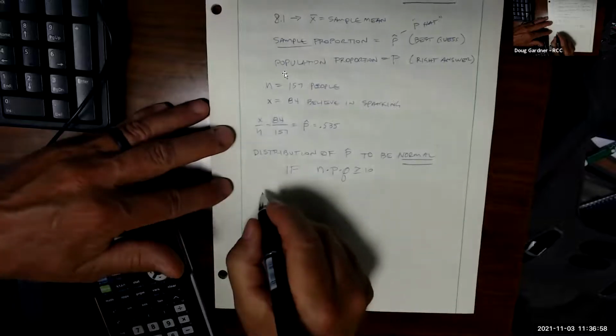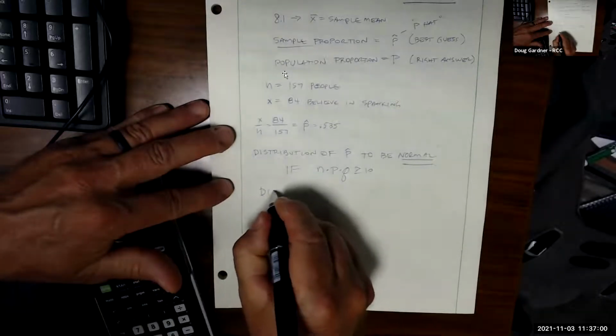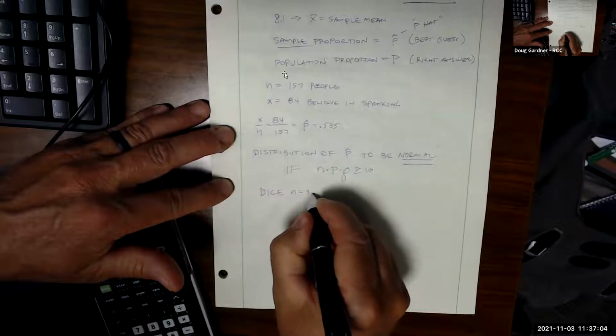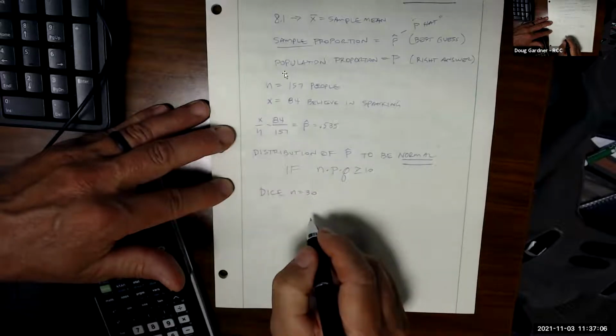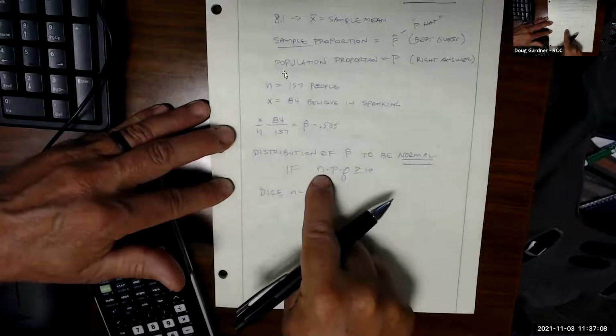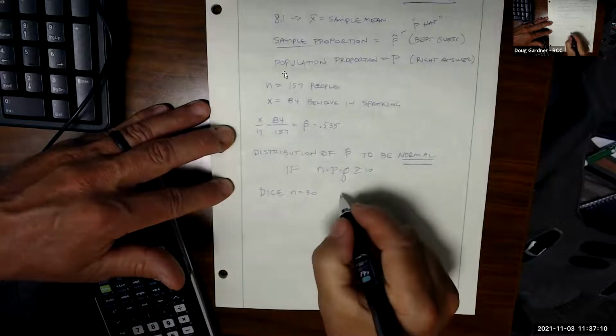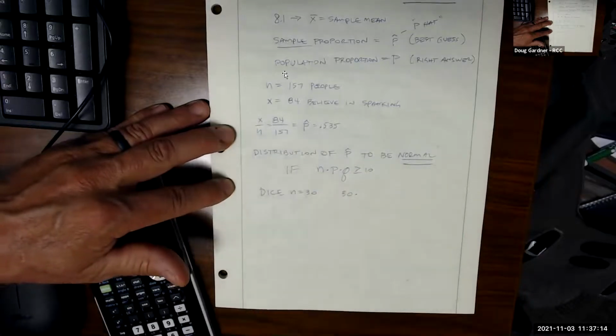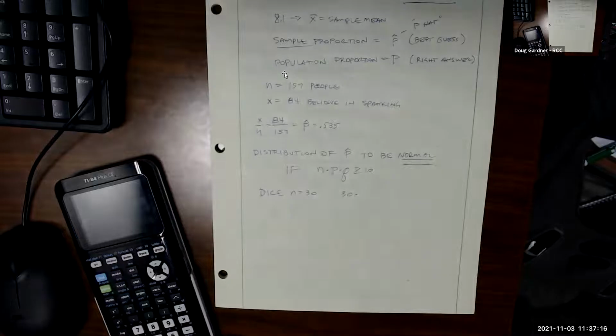So for the dice, let's see. So for the first example, when N was 30, the probability that we were interested in was 1/6 because we were saying rolling 5s.